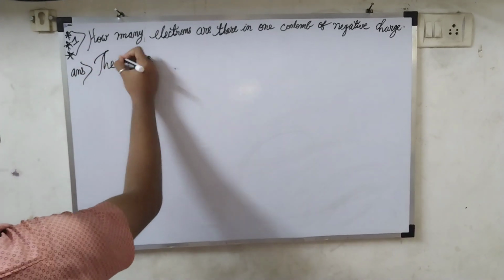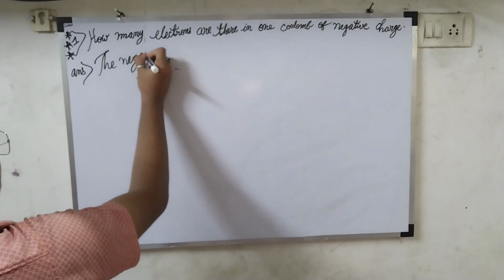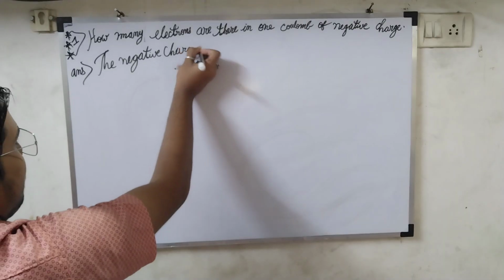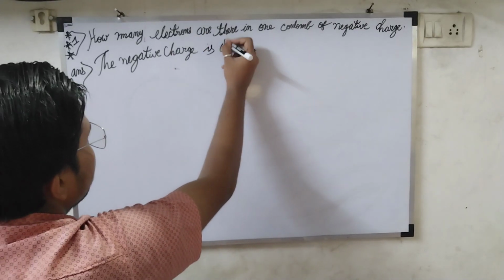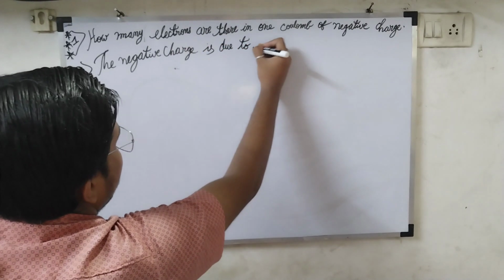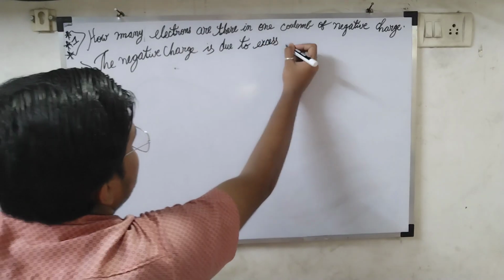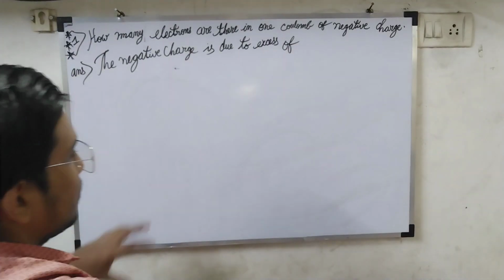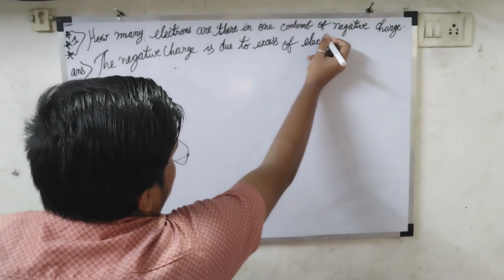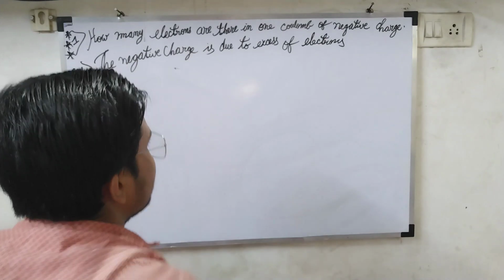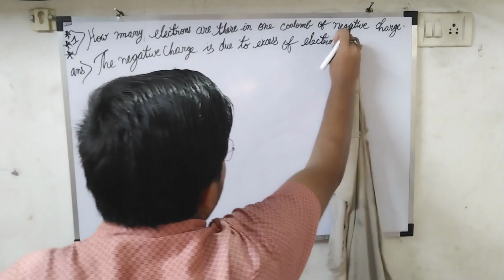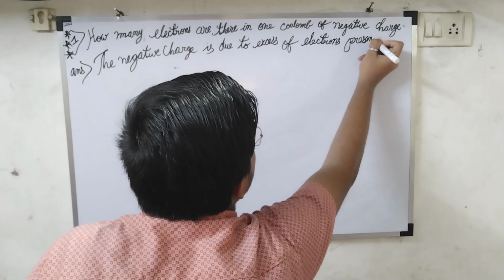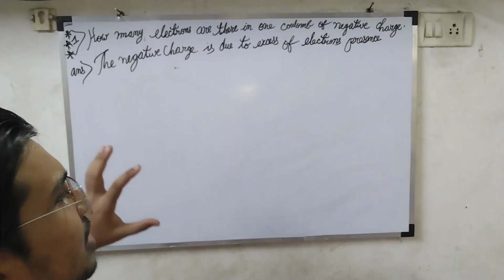The negative charge is due to excess of electrons present.